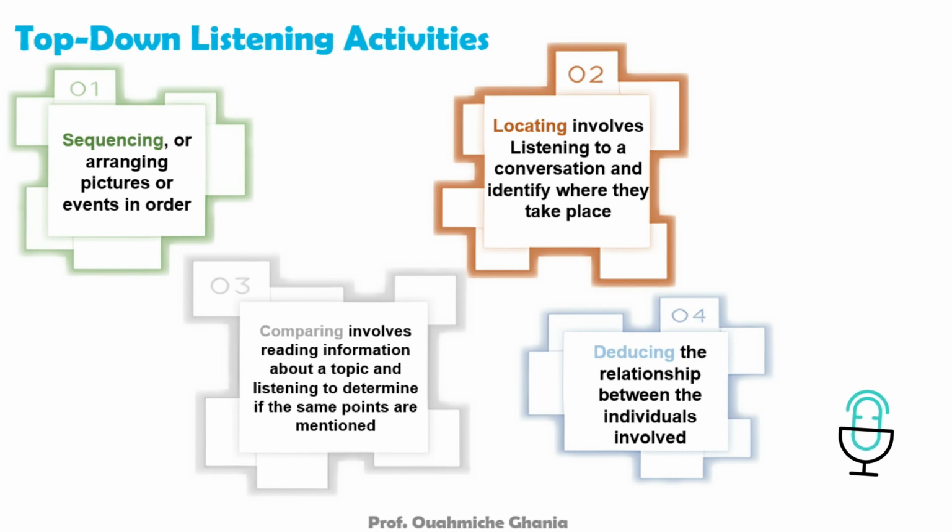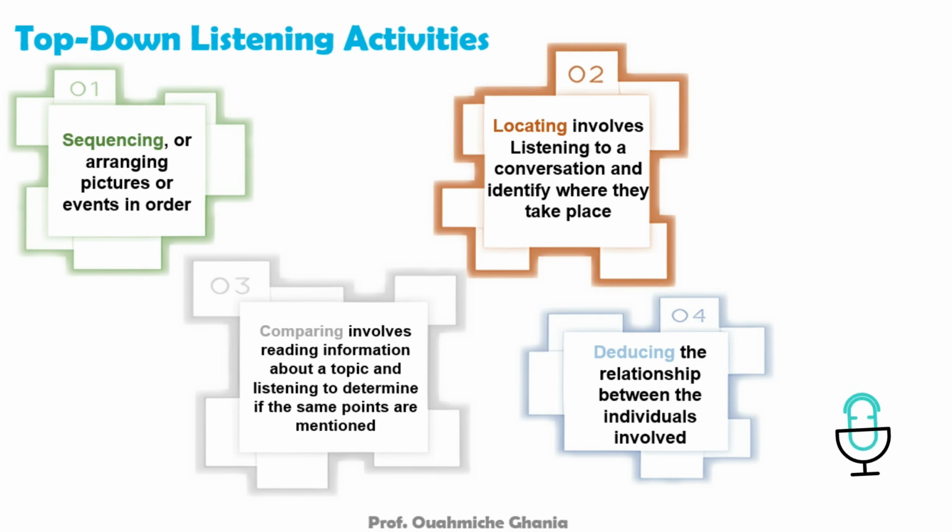Also, you need to be able to discuss certain topics after hearing about them. Certainly, these things are a little bit challenging for all non-native speakers' listening comprehension. They are challenging for you as well. But the best thing you can do is prepare yourself by practicing using top-down listening activities to check your comprehension.